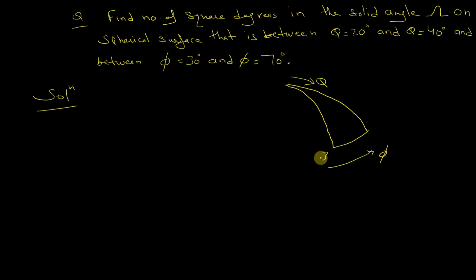So phi is varying from 30 to 70, and theta is varying from 20 to 40.